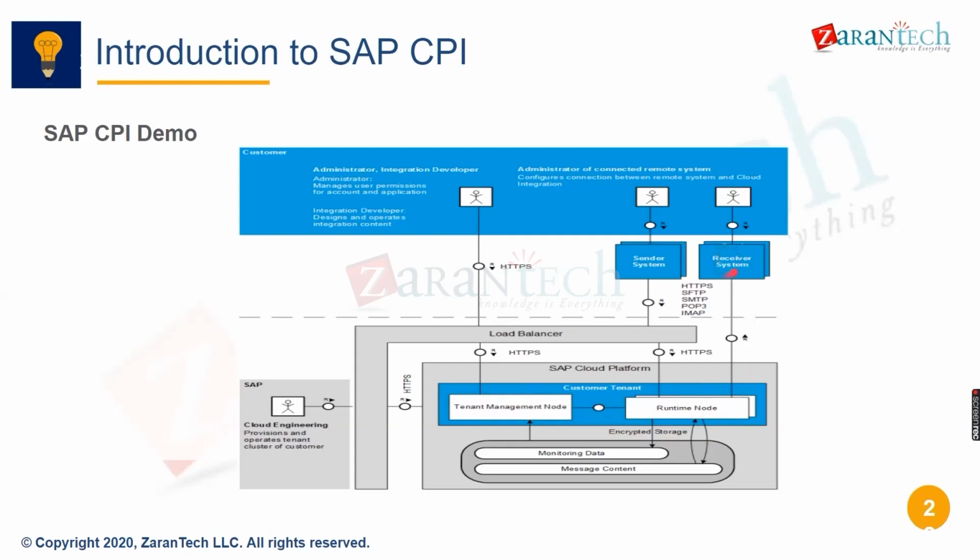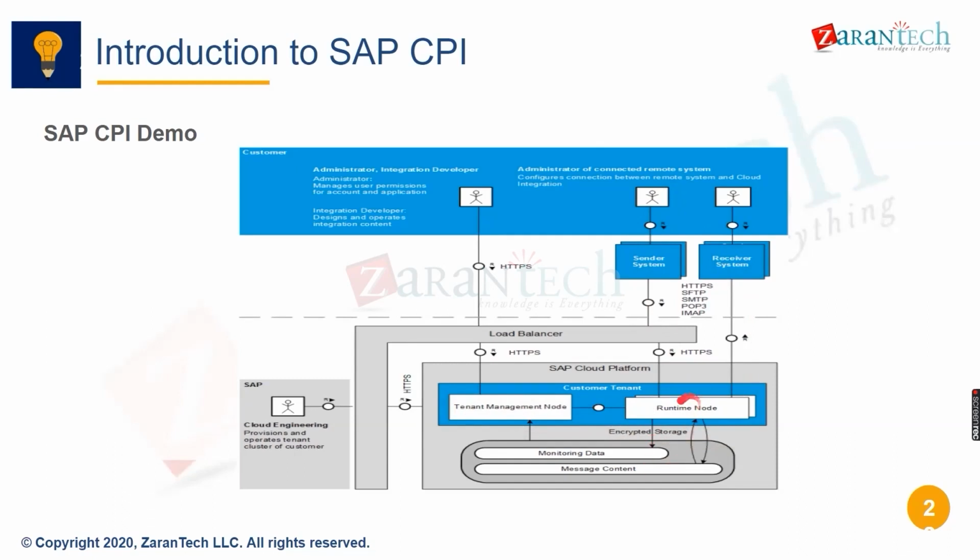Once the execution is completed, the output is sent to the receiver system, in my example, mail. Whenever I send the data from Postman, it reaches the SAP CPI. Then, whenever the operations are executing, it stores the data in the runtime node, and it goes into the mail. As I showed you, the status is completed.